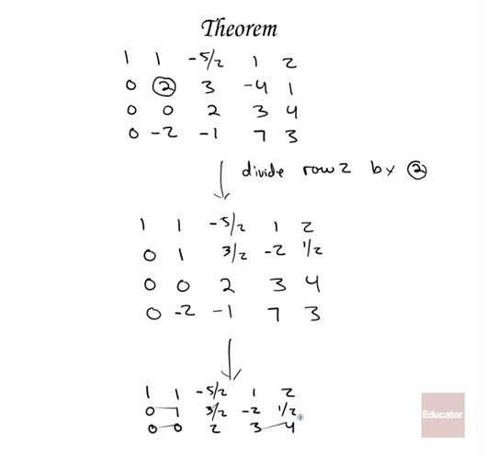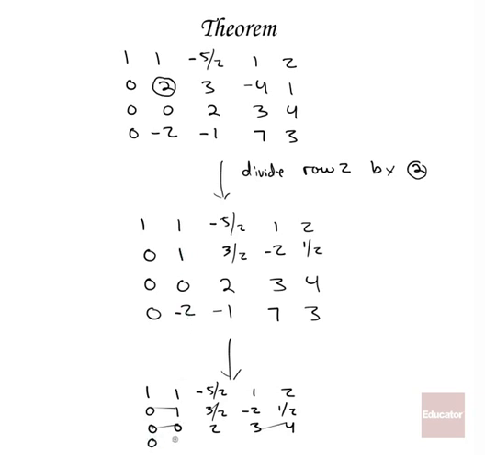Okay. So 1. Let me see here. And we'll do +2 times this row plus this row.